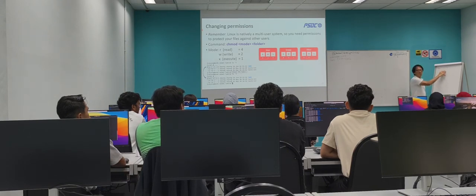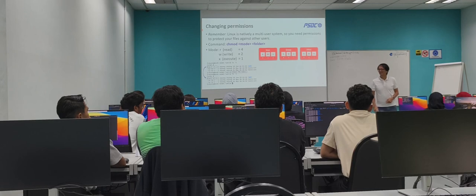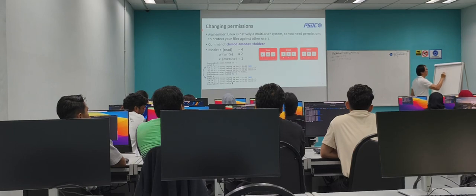What is the binary number that represents the decimal 7? 111, because this one is 1, this one is 2, this one is 4. 4 plus 2 plus 1 equals 7, right?